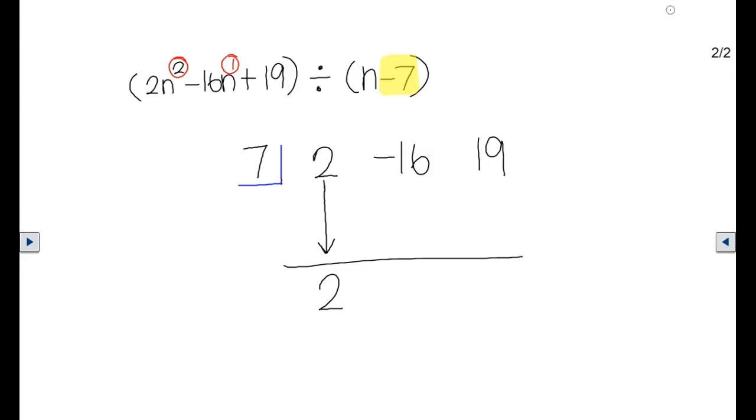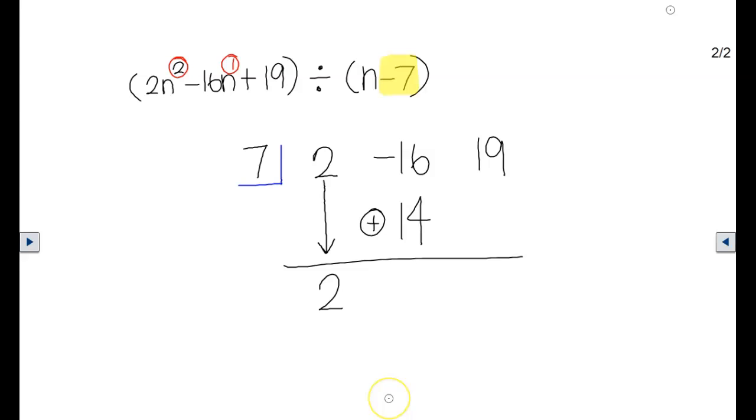All right, the synthetic division process always begins by bringing down that first coefficient and putting it below the line. Now we're going to multiply. So it's multiply then add, multiply then add. This 2 that I've placed below the line is going to get multiplied by this 7. So 7 times 2 is 14. I place that 14 below that very next coefficient. And then I add. Always add.